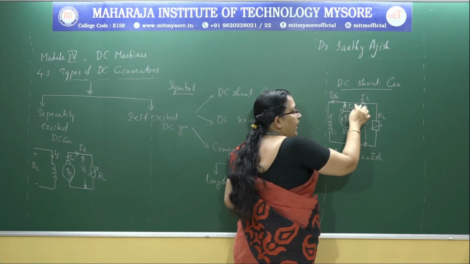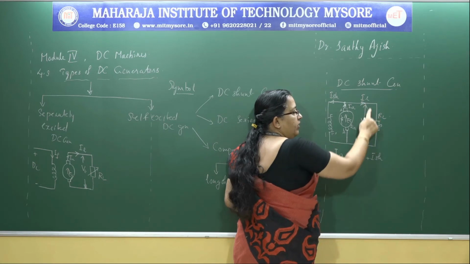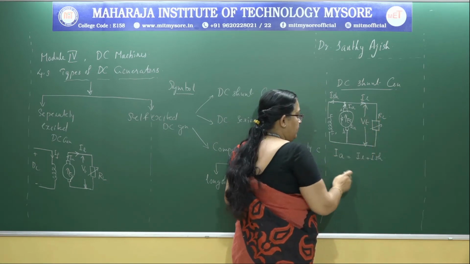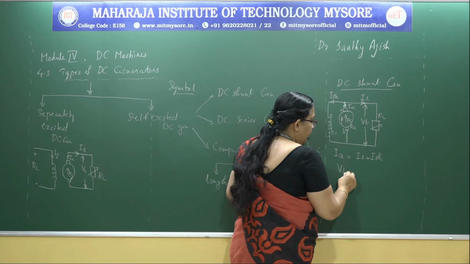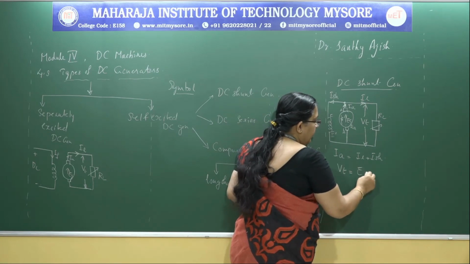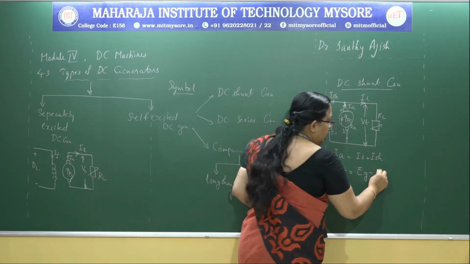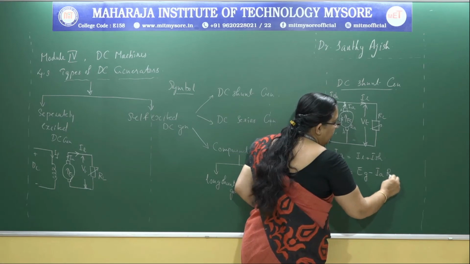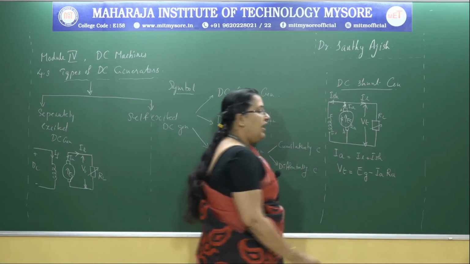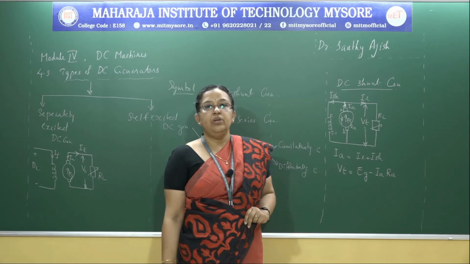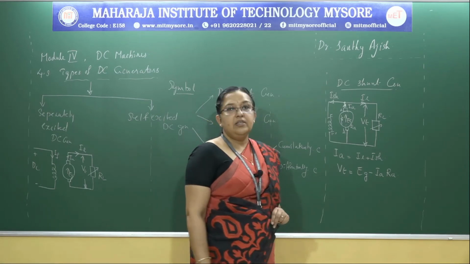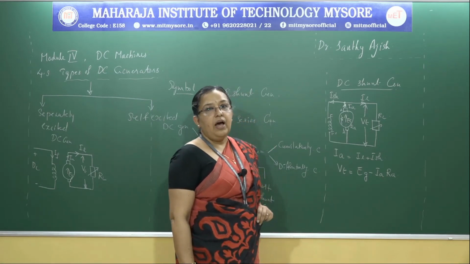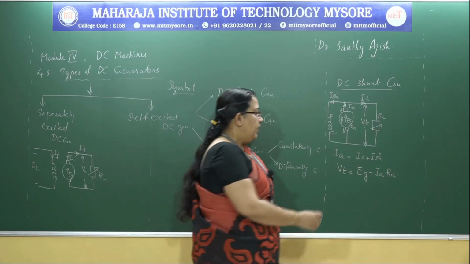So we need to subtract that to get the voltage across the load, which is VT. So what I can write is VT equals EG minus IA RA, where IA is the current passing through the armature and RA is the resistance of the armature winding.